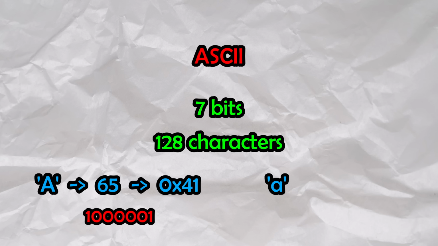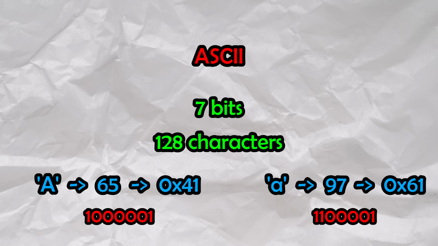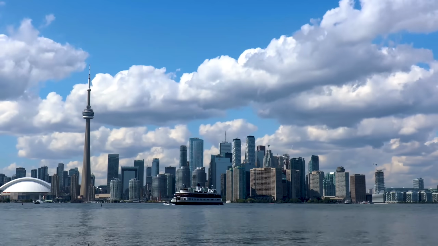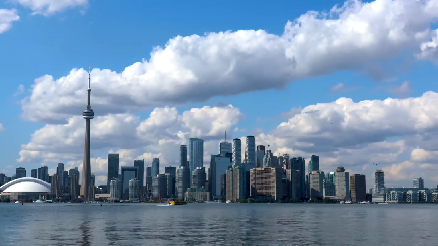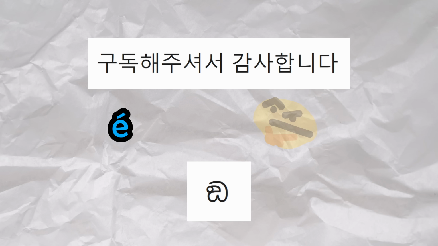A lowercase a is encoded as 97 in decimal, or 0x61 in hexadecimal. ASCII quickly became the standard for English-speaking countries. However, 128 characters simply wasn't enough to suit everyone's needs. What about other languages? Characters with accents, special characters, and even emojis.